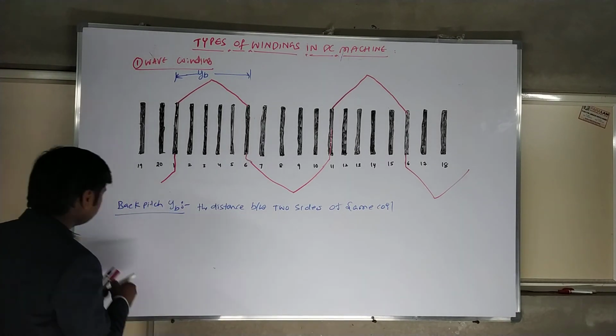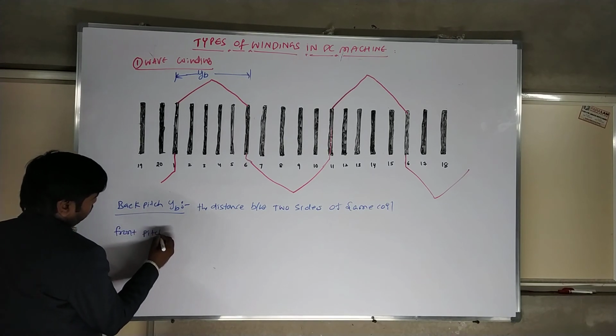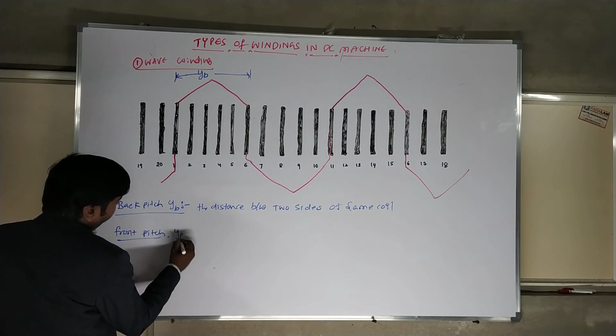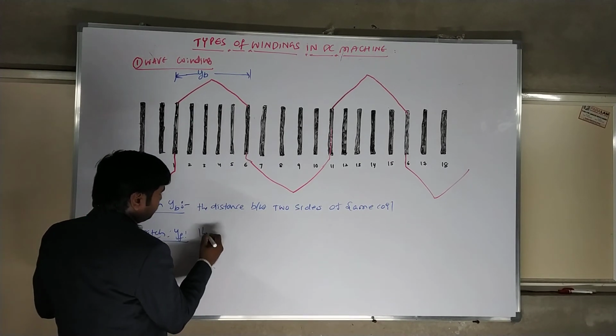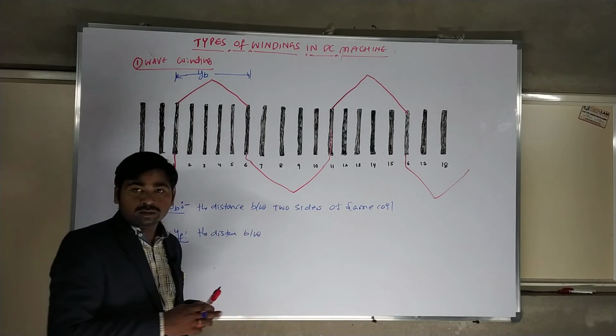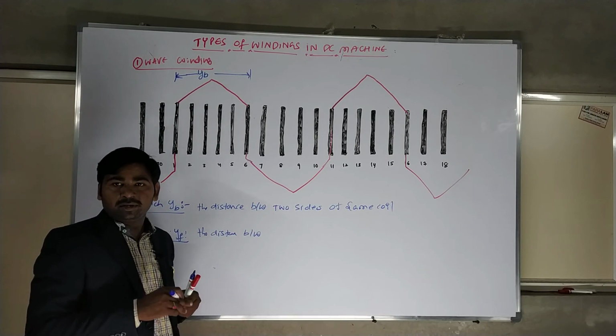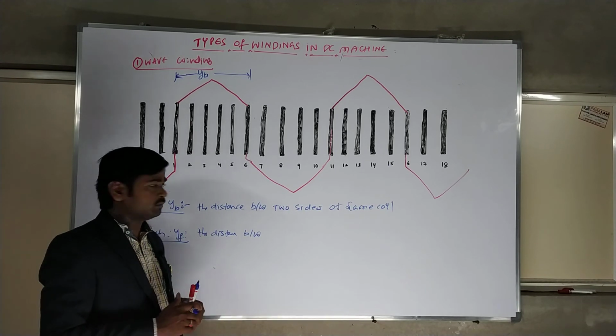Next, the front pitch, Y suffix f. The front pitch is the same kind of distance, with a slight change here. The distance between the coil sides connected to the same commutator segment.